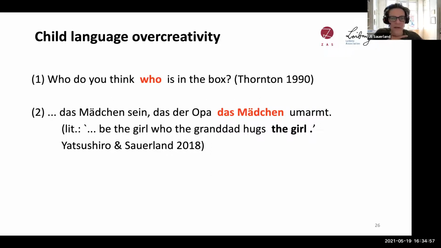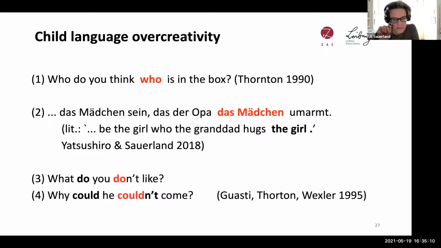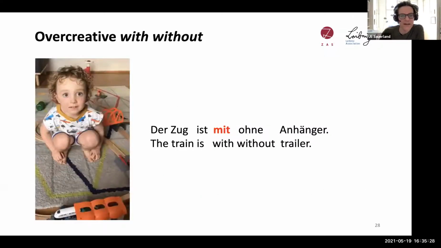So something like "I want to be the girl who the granddad hugs the girl", which is ungrammatical in adult German, but found in children. And other examples from work by Quasti and others involve multiple articulation of an auxiliary.